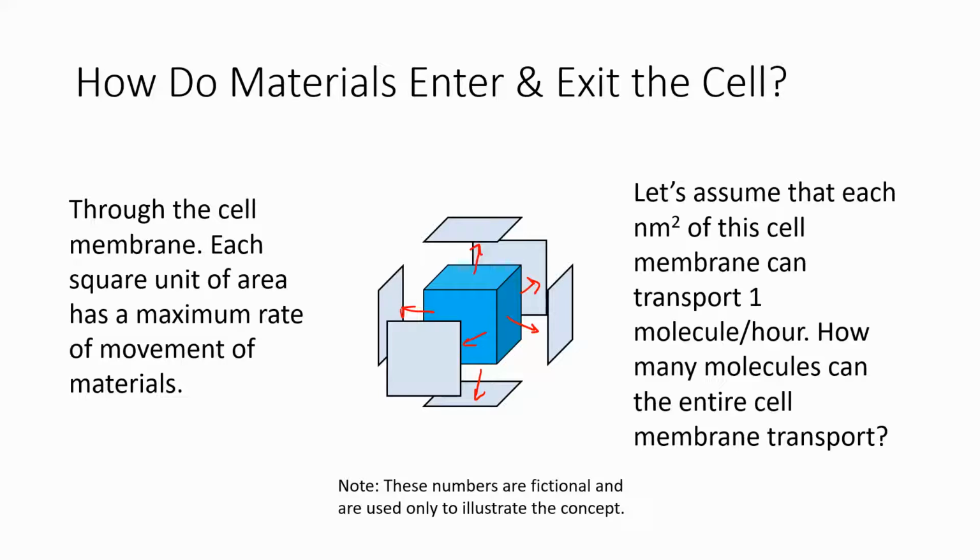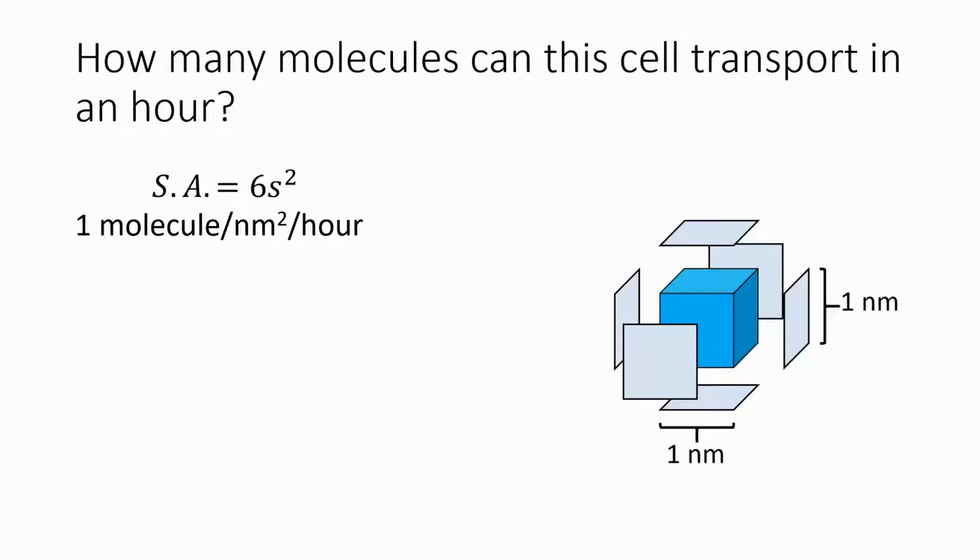So what we're going to look at next is how many molecules the entirety of this cell membrane can transport within 1 hour. If we look here, we have this 1 nanometer cell. We have a formula for surface area, 6 times the length of the side squared. And we also have a reminder of how many molecules can be transported for every square nanometer of space.